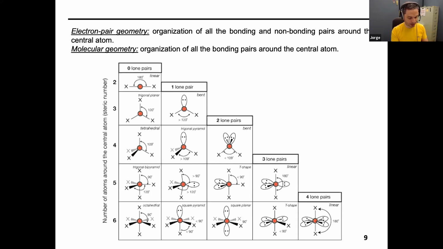And that was the case for the water, where the electron pair geometry is tetrahedral. However, the molecular geometry is bent because we are not looking at the two lone pairs at those positions over here.